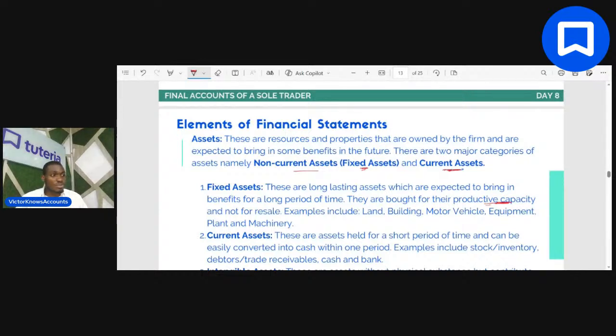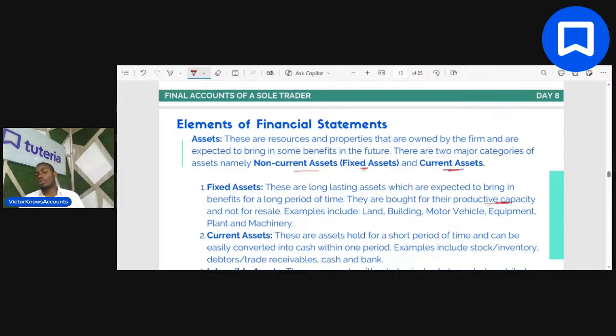If Mr. A is into the business of selling cars, but Mr. B is into the business of selling bags of rice. If Mr. A buys a car so that he can sell it back, to him it's not a fixed asset, it's an inventory, it is a current asset. But if Mr. B buys a car to be transporting his rice, then that's what? That's a fixed asset to him.